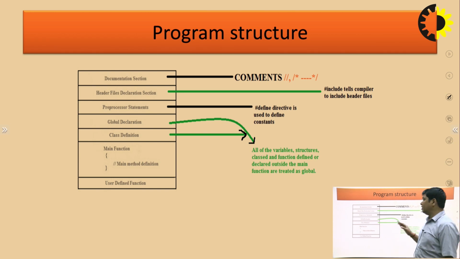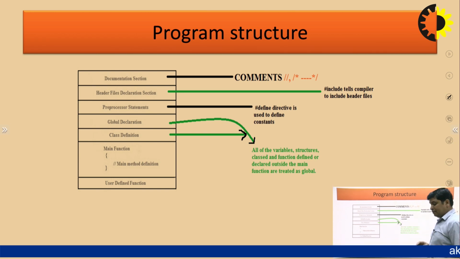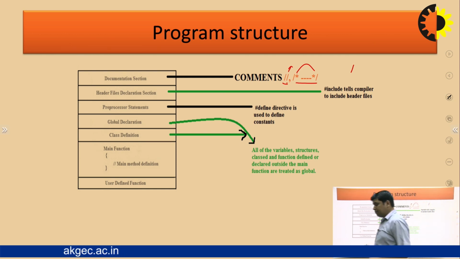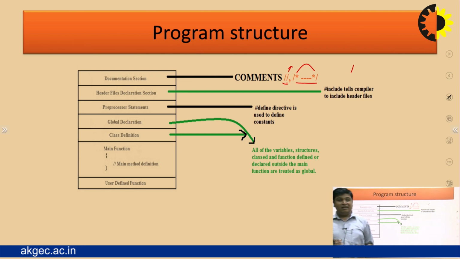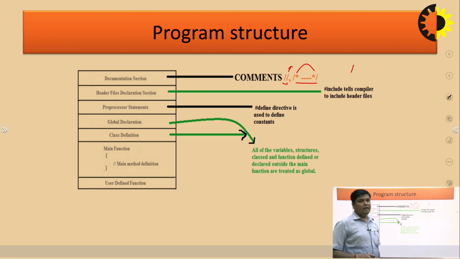This section will contain the comments, and you will see here I am using a double forward slash, which is a single line comment, and this is called a multi-line comment. If we want to write a statement with text of more than one line, then we have to go for a multi-line comment.